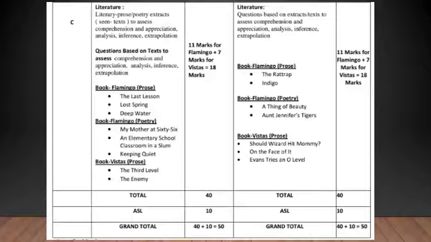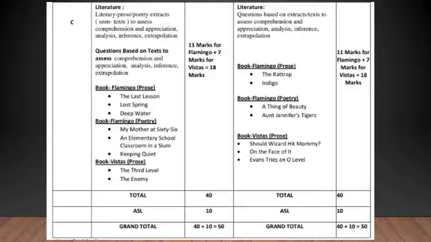I hope it's clear to you, and therefore you can focus on the syllabus which is there for the first term, and whatever syllabus is there for the second term, you focus in the second term. So they have tried to simplify the whole examination process this year.